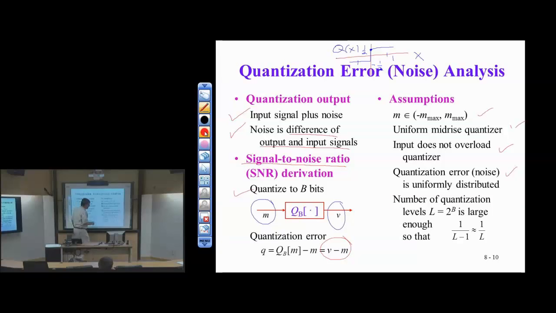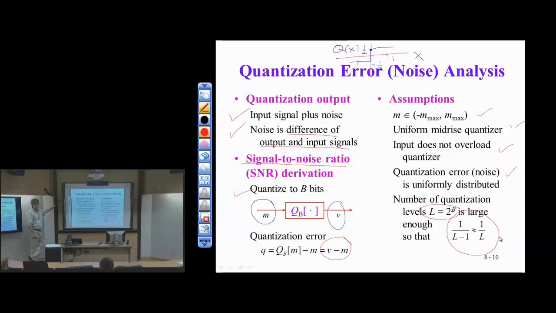This is saying that the number of levels, which is 2 to the number of bits, is large, because later we're going to make the approximation that 1 over quantity L minus 1 is approximately 1 over L. So when B is 1 bit, 2 levels, I'm trying to convince you that 1/2 is approximately 1.